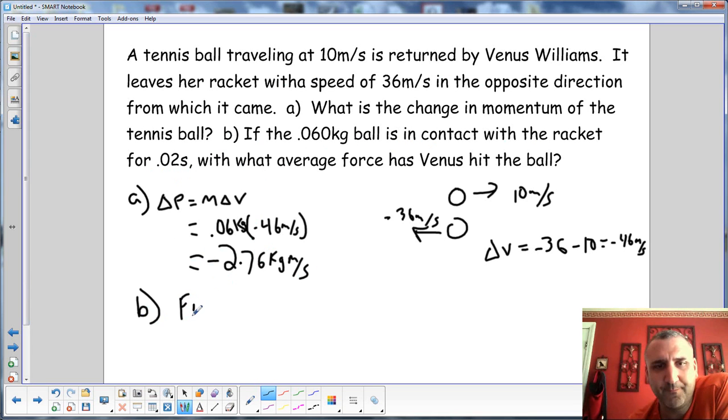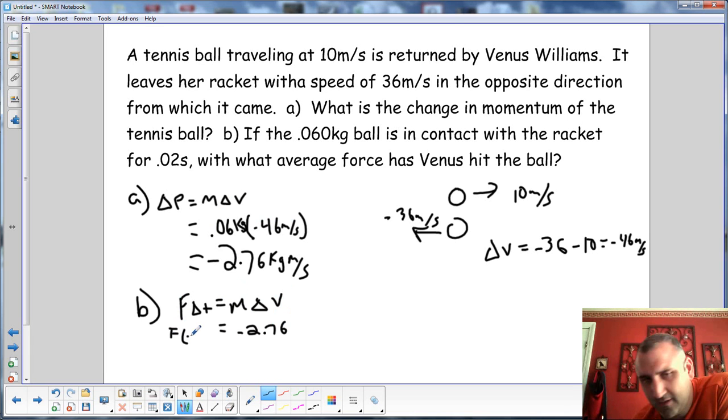The force is what we're looking for, and the change in time is 0.02 seconds. So we take negative 2.76 and divide it by 0.02, and we end up with a force of negative 138 newtons.